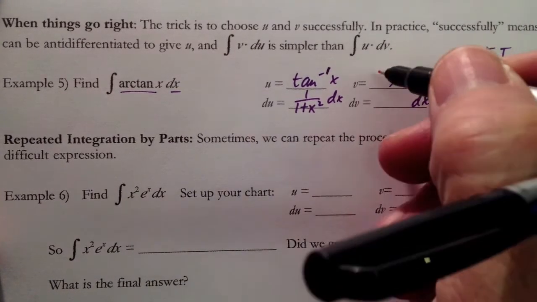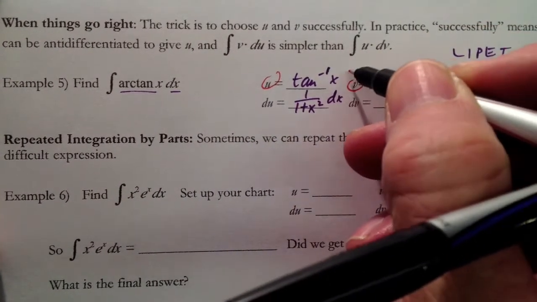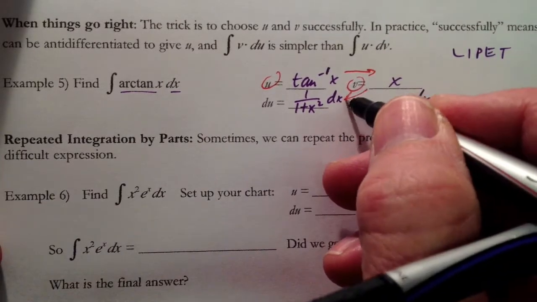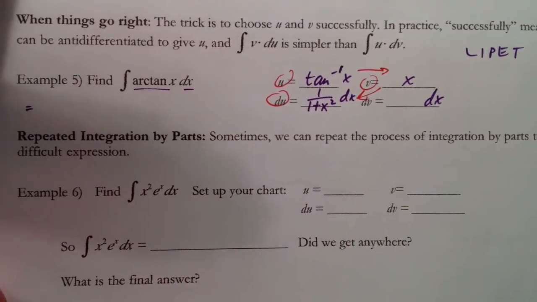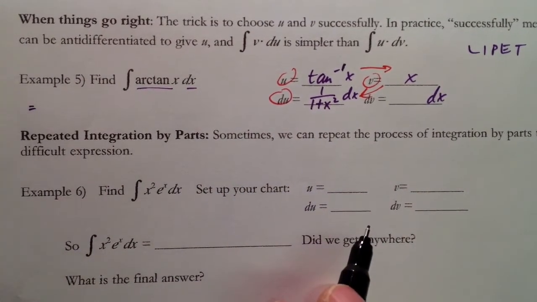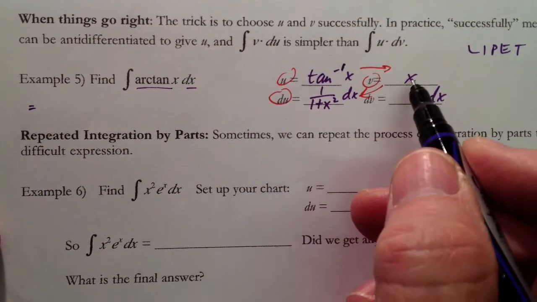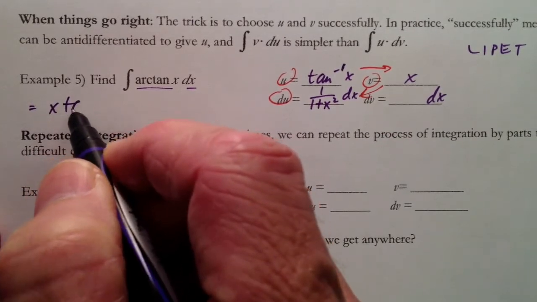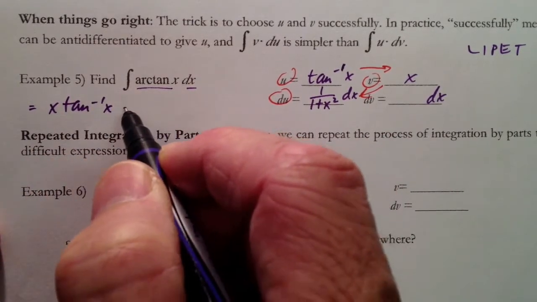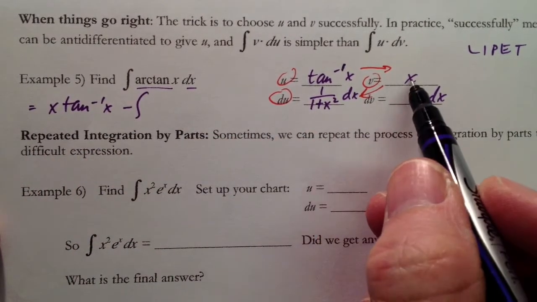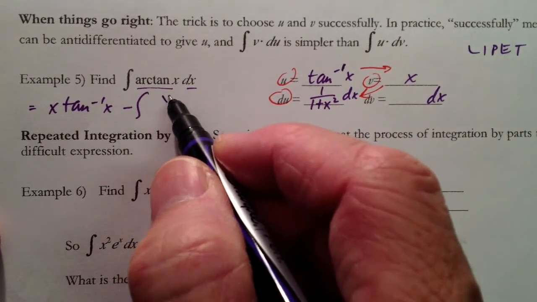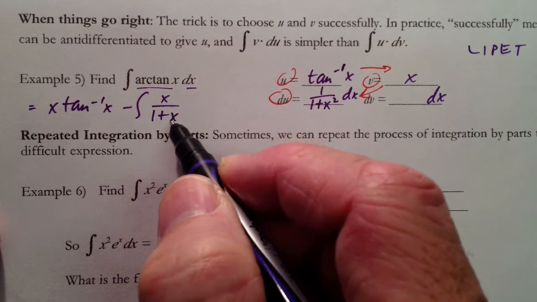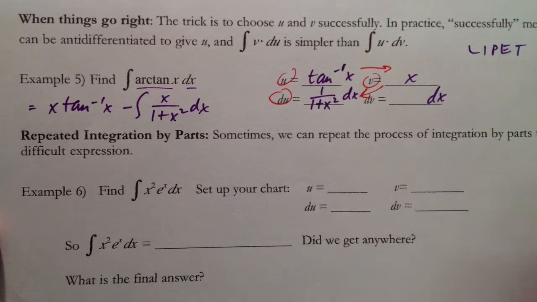So we just rewrite this, u times v, so ultraviolet voodoo. We're going to write that as, I'll start over here in case we run out of room, x times inverse tangent of x minus the integral of x times 1 over 1 plus x squared, so x over 1 plus x squared dx.